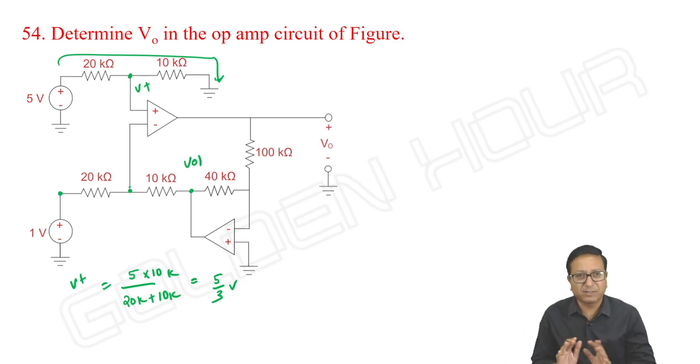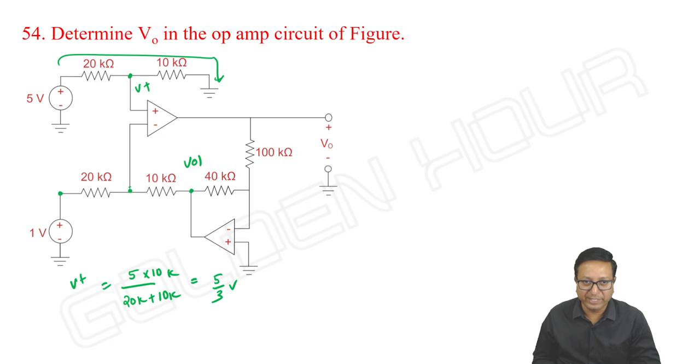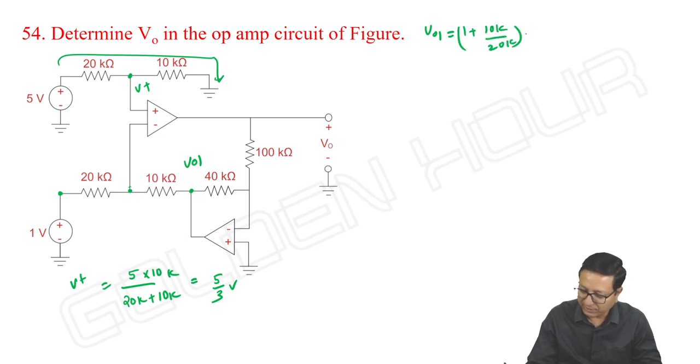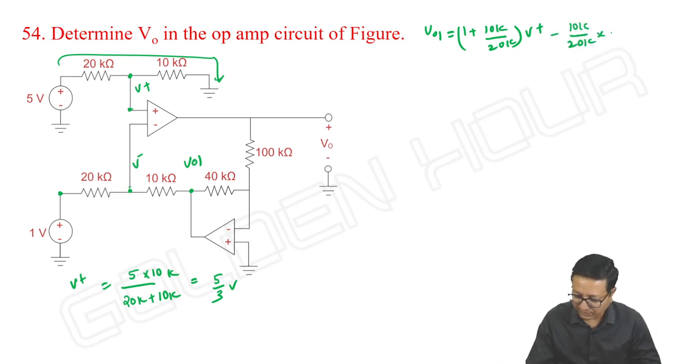The summary of that virtual short and node equation, I can write here like this: VO1 is equal to (1 plus 10k by 20k) into V plus, anyway V minus is equal to V plus, and minus 10k by 20k into this voltage, that is 1 volt.